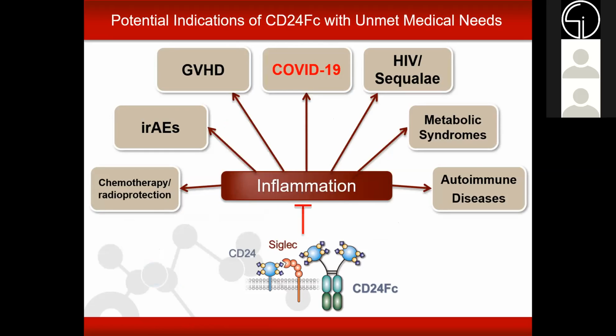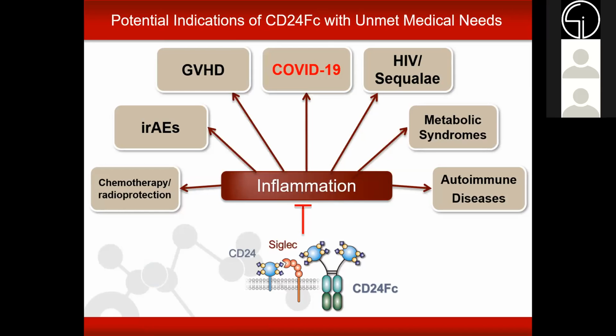We already have many preclinical data showing this in GVHD, HIV, metabolic syndrome, autoimmune disease, immunotherapy-related adverse events, and chemotherapy and radiation therapy protection. So there's a lot of things we are doing.